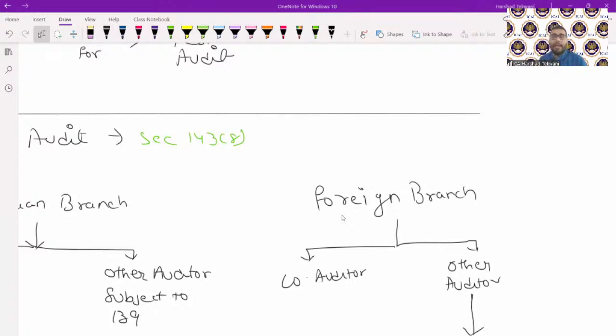For example, if in actual there is no transaction, there is no existence of the transaction, still through a book entry I am booking my revenue, then in actual there is no sale, but only a book entry without underlying substance, without any existence. So it will become prejudicial to the company.